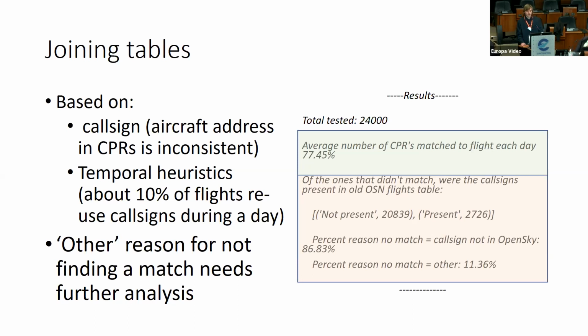And from those that are not assigned, for the majority of those we don't have those flights in OpenSky. It's more than 86%, and a small portion are not matched for another reason. So what is the other reason? It's still under investigation, but there is room for improvement here, definitely.